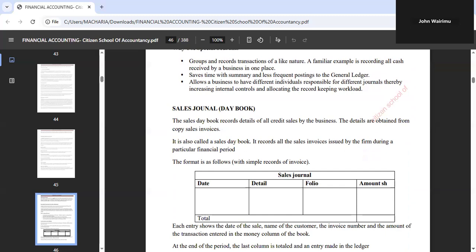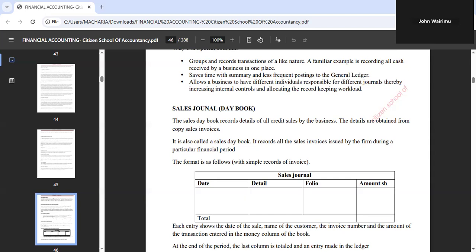You are going to write the date. Basically, if you are a business person, you are missing out without a sales journal, because this is very, very important, especially for your record purposes when it comes to credit sales. So it has a lot of features. It has the date, details.